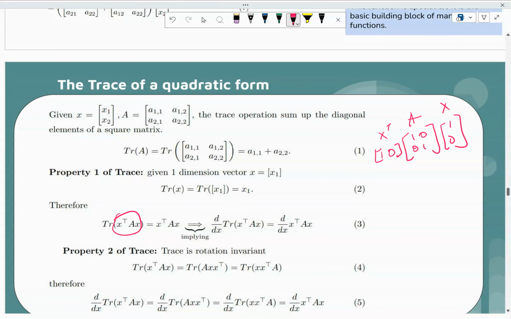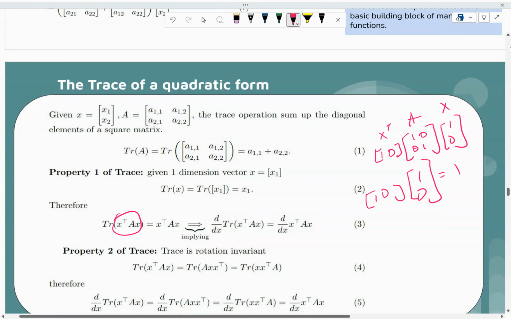Okay, so this is the quadratic. If we were to multiply, this would be 1 and 0. And then you multiply by 1, 0, which is equal to 1. So the final result of this is just a number.